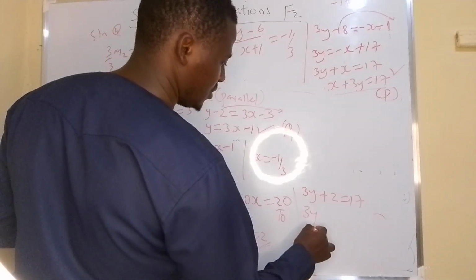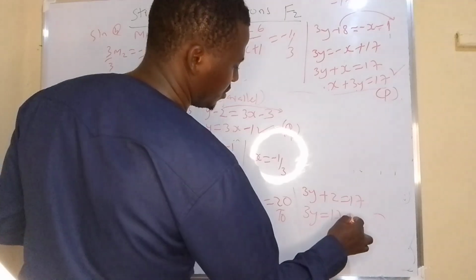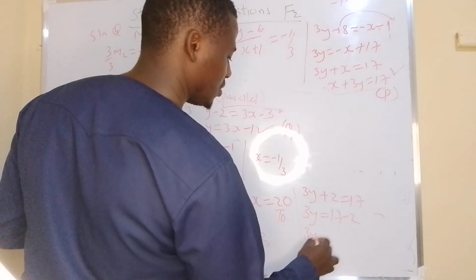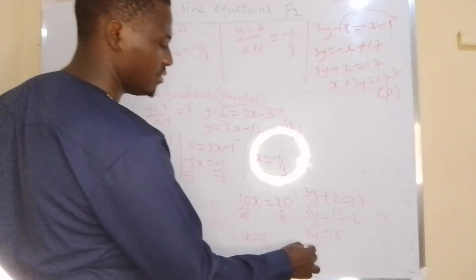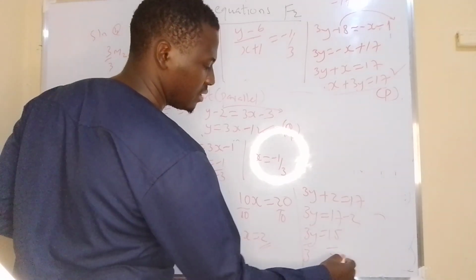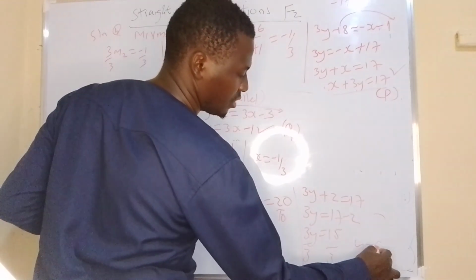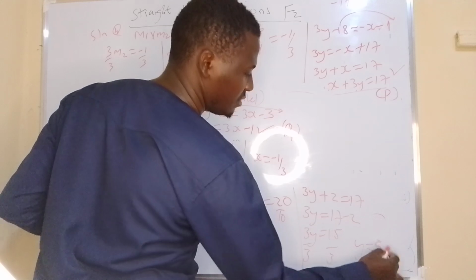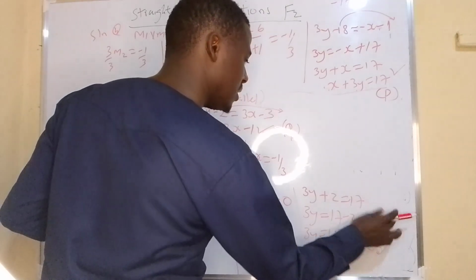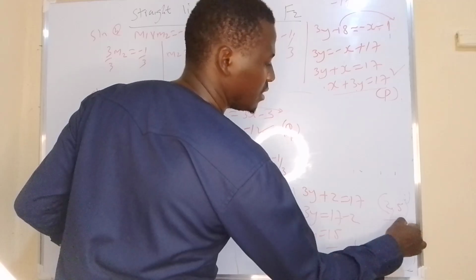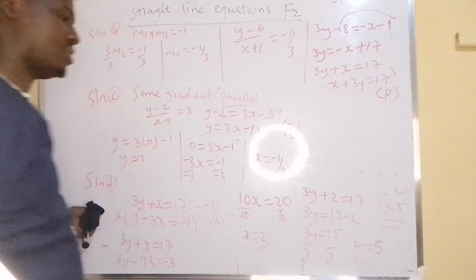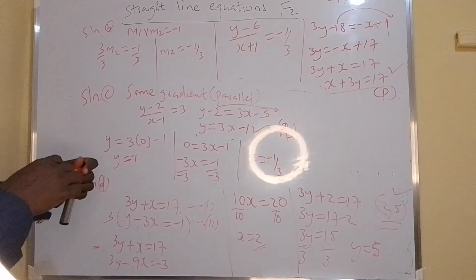That means 3y equals 17 minus 2, so 3y equals 15, and the value of y is 5. So y equals 5. What are the coordinates of the point of intersection? They are (2, 5). That is the answer for part C: (2, 5).